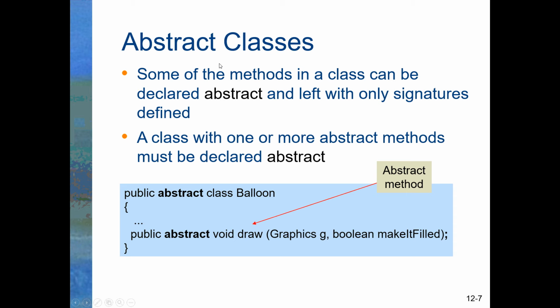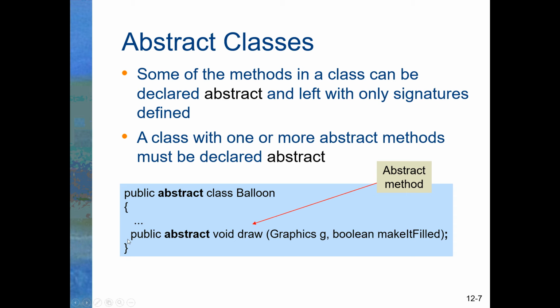So then we have something called abstract classes. It says some of the methods in a class can be declared abstract and left with only signatures defined. A class with one or more abstract methods must be declared as abstract. So for example, this actual balloon class at the very top was actually an abstract class, because inside there I could say public abstract void draw, and then I'm going to pass in a graphics object and a boolean variable in it.